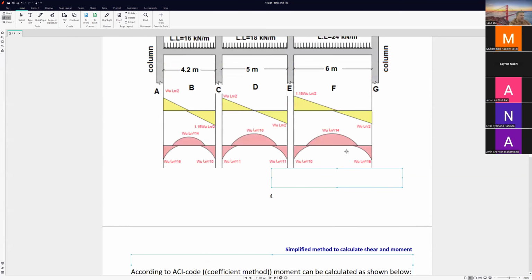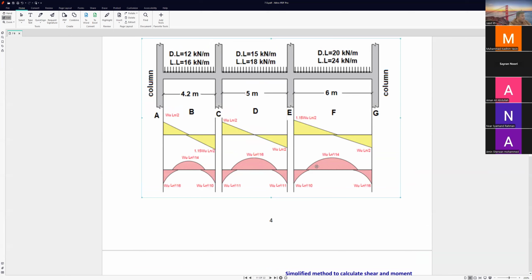Then we have the F1, which is WL squared over 14, and that length is 6, and here we have over 16. This one has the same coefficient, but the load is different and the length is different. So it should not be said that I calculated WL squared over 14 and it's the same as this one.